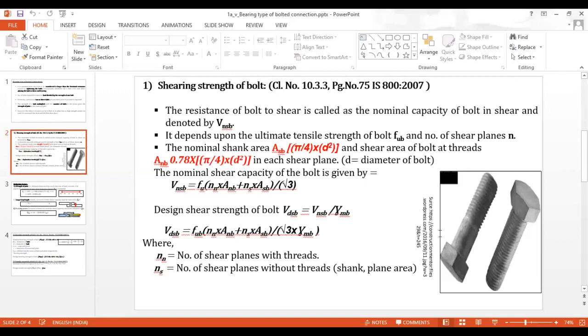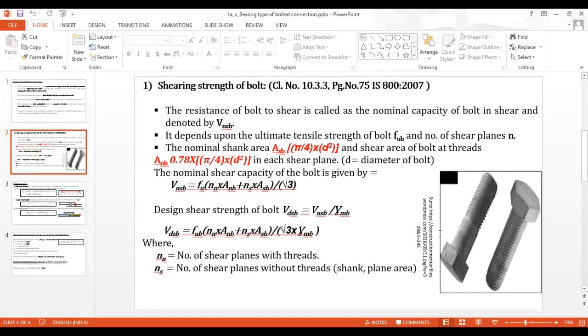Then in the case of double shear failure, we have 4 cases. First, the shear failure may occur in the threaded portion and also in the shank portion.